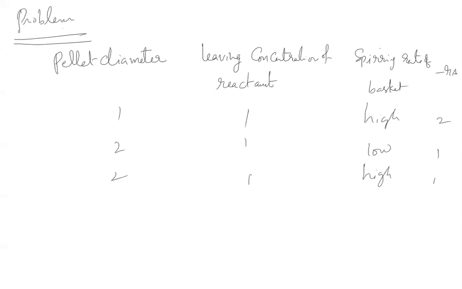Determine the role of pore diffusion and external mass transfer. Basically, which one is controlling? Third column is spinning rate of the basket.